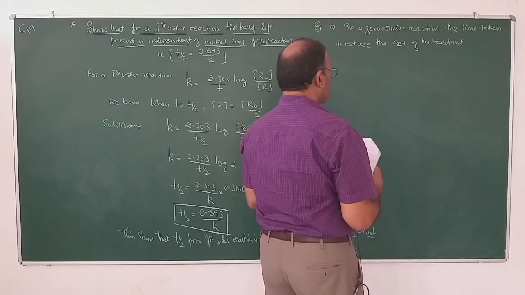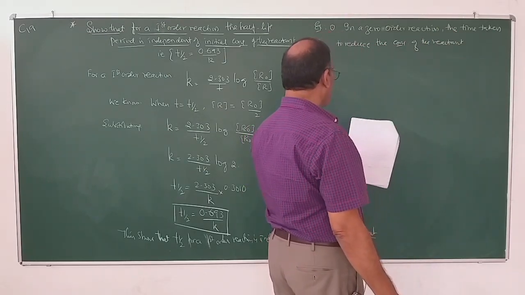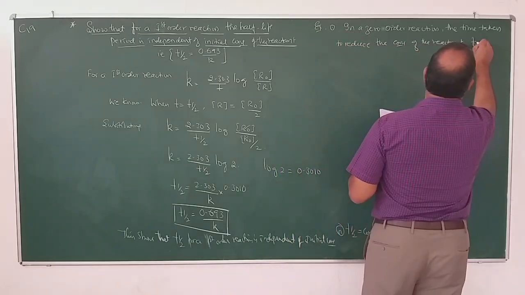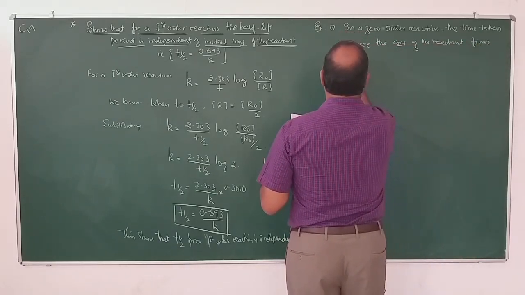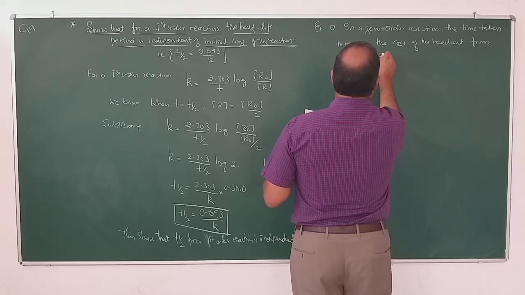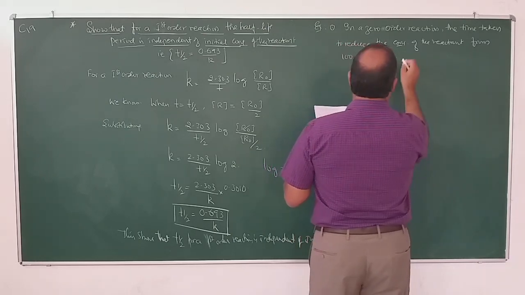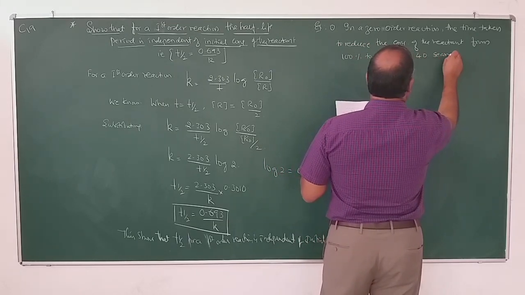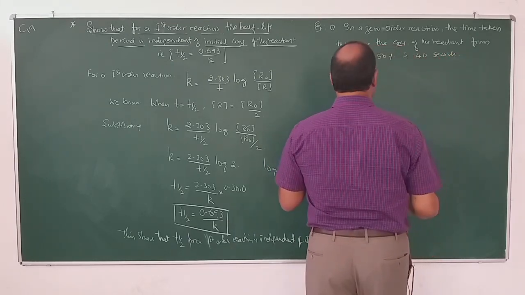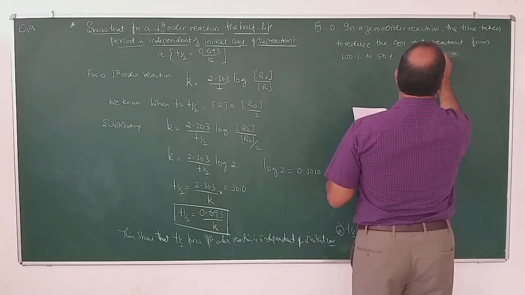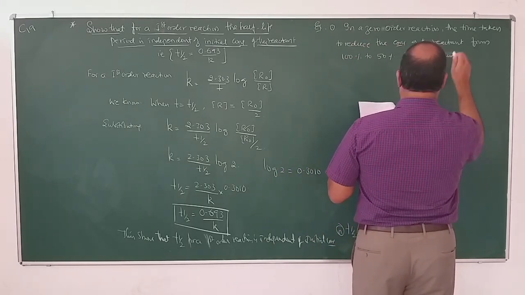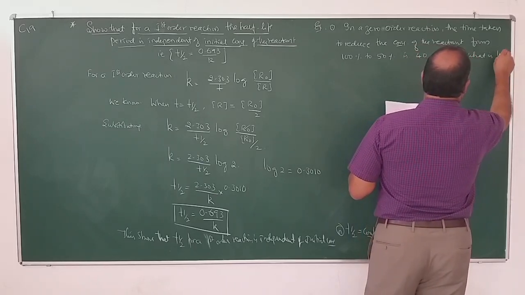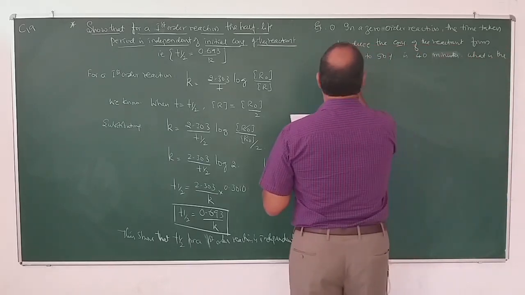In a zero order reaction, the time taken to reduce the concentration of the reactant from 100% to 50% is 40 minutes.